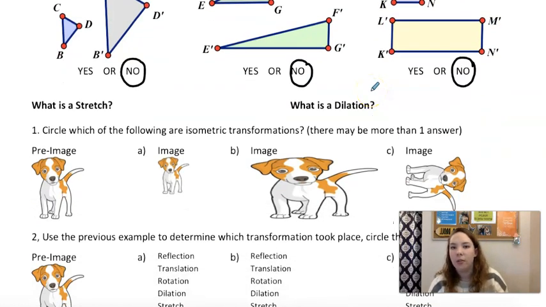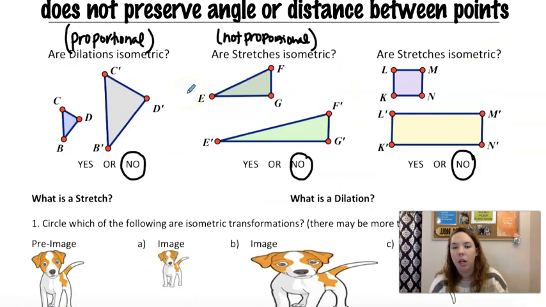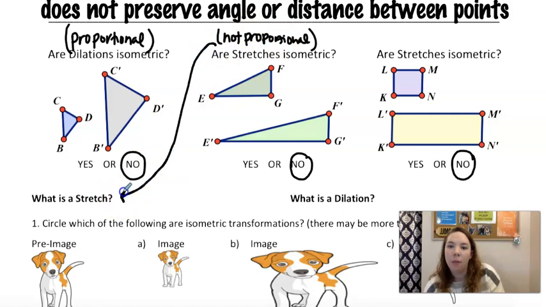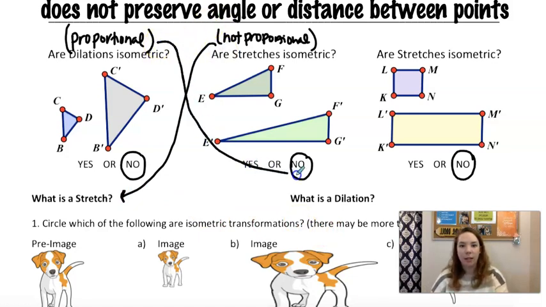So what is a stretch? Oh, well, so a stretch is not proportional, but you are making it bigger or smaller in some way. A dilation is still changing size, but it's proportional.